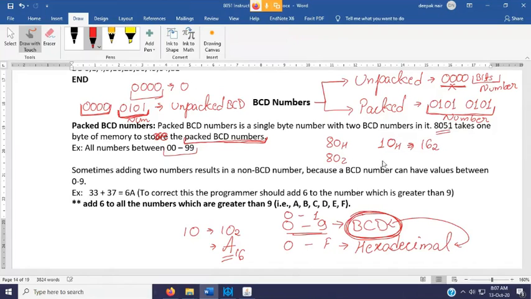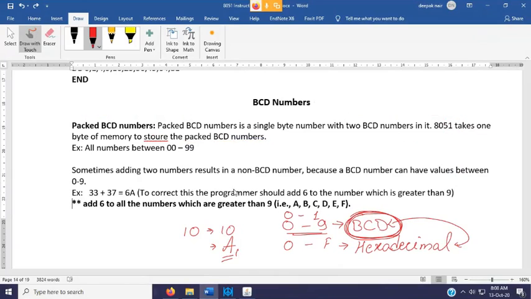Whereas if I say 10 in normal language, then it is 10 in decimal also. So this is 10 in normal day-to-day life, but this is 16. So how does the microprocessor actually convert one BCD number to its equivalent hexadecimal, or hexadecimal number to its equivalent BCD number? Because that's very important. So remember this particular line.